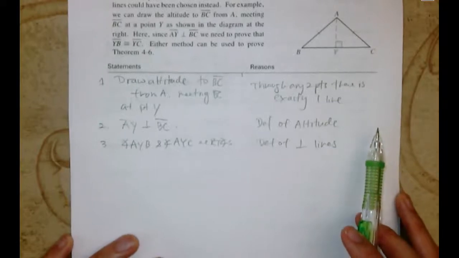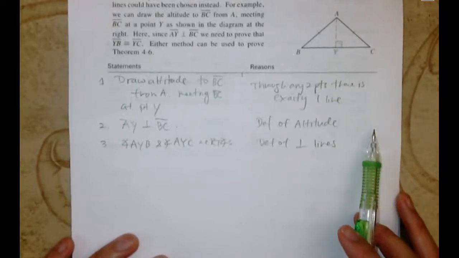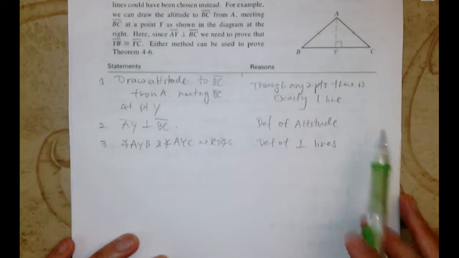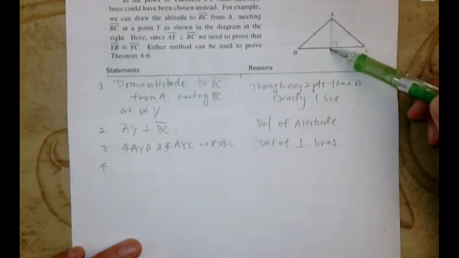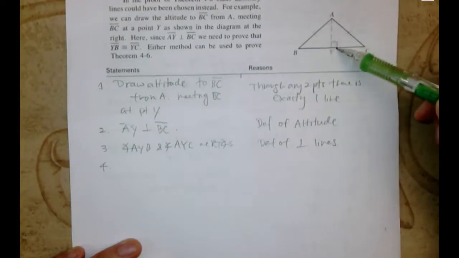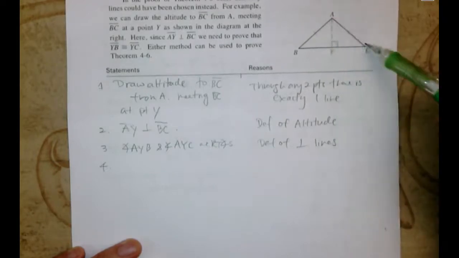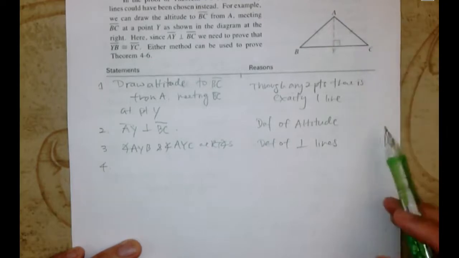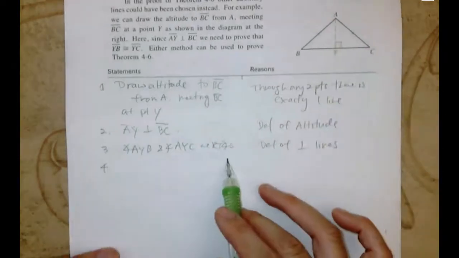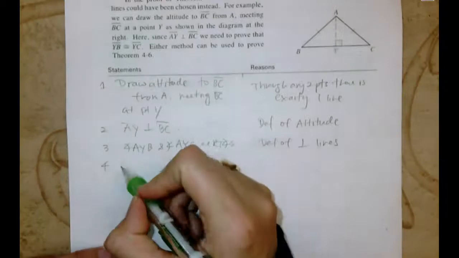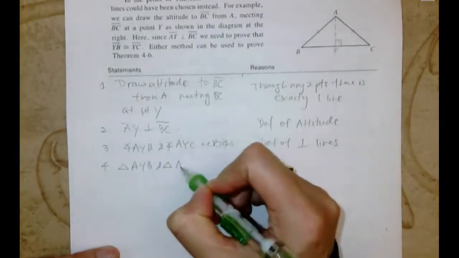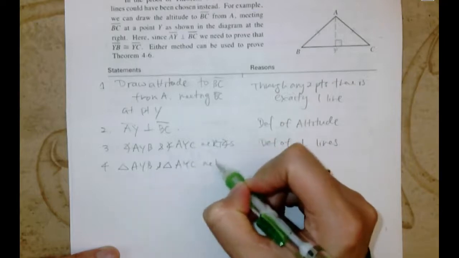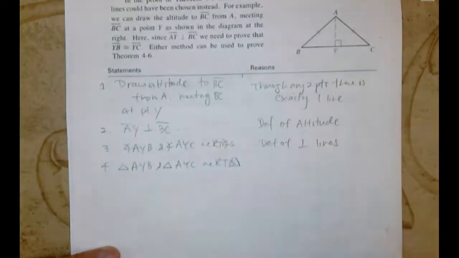Okay, and so you want to say, by the way, so you have this side shared, right? And this is 90 degrees, and then these hypotenuse. So we're going to go with HL here. Okay, so you have to say the right triangle statement. So triangle AYB and triangle AYC are right triangles.